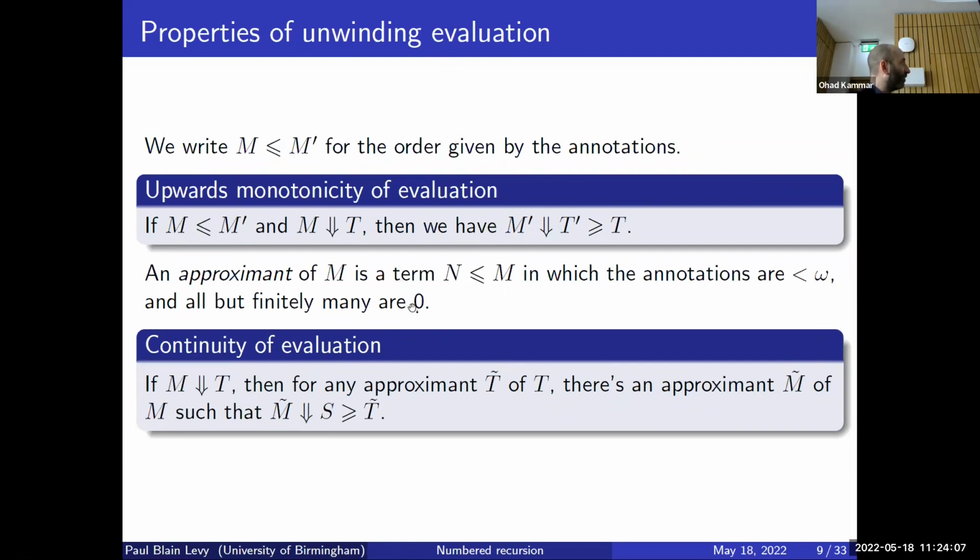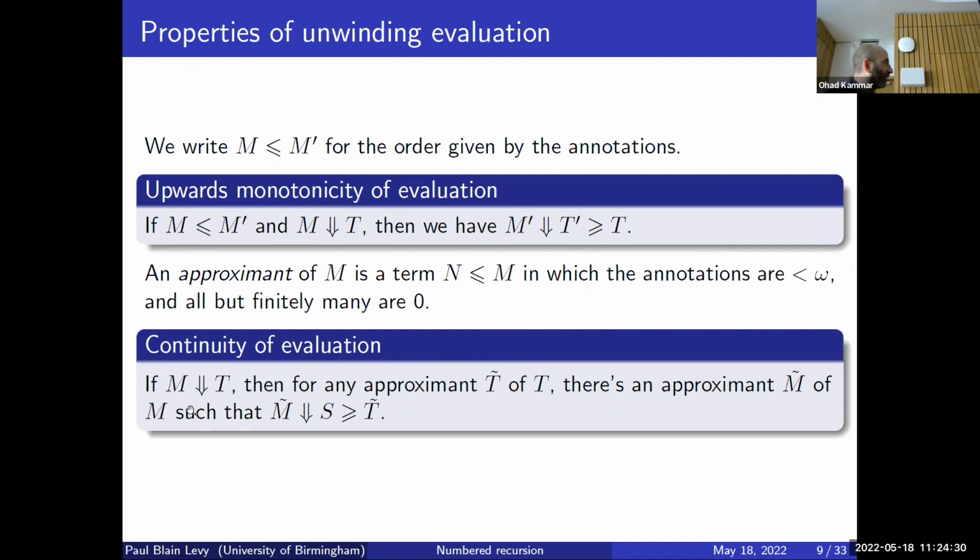In the language that I've given you, all the syntax is finitary, so this second condition doesn't matter. But if you happen to have some infinitary stuff in the language, which is something I like to have, we'll see that later, then you need to add this extra bit. These annotations all have to be 0, except for finitely many of them, right? So that's what an approximant of a term is.